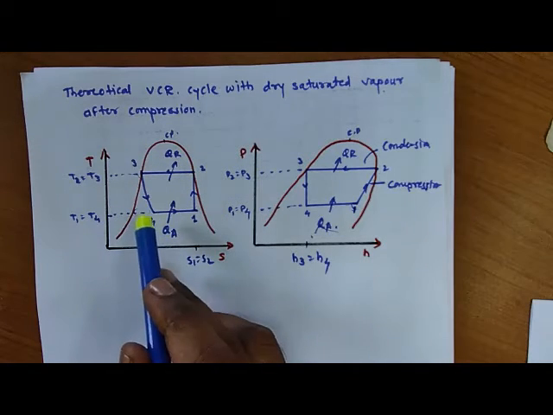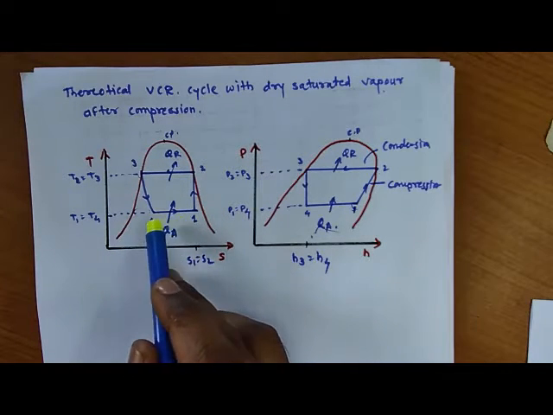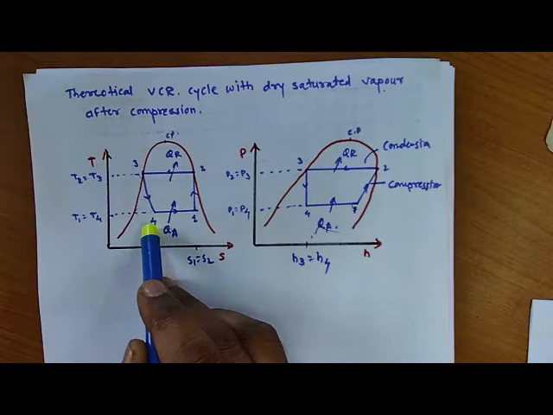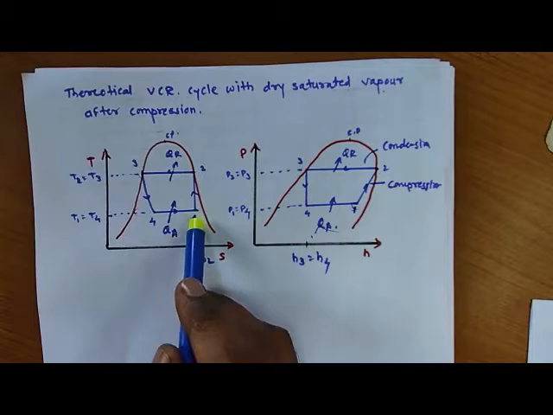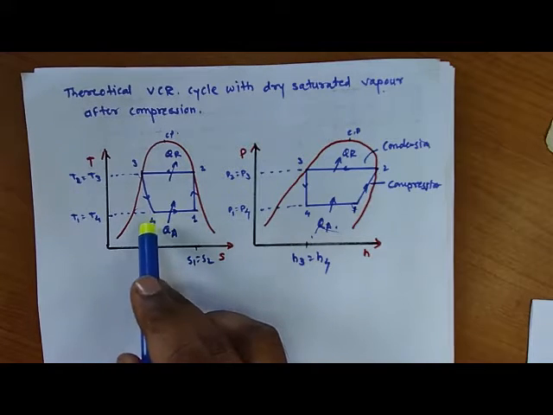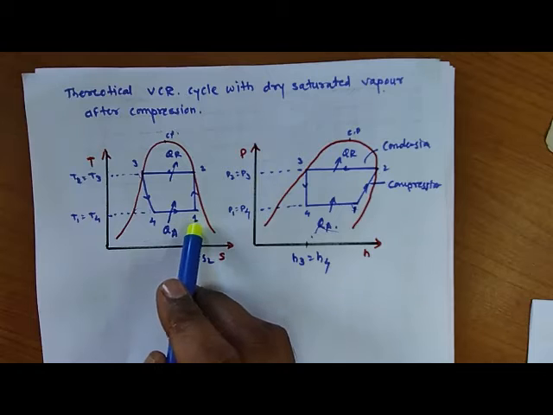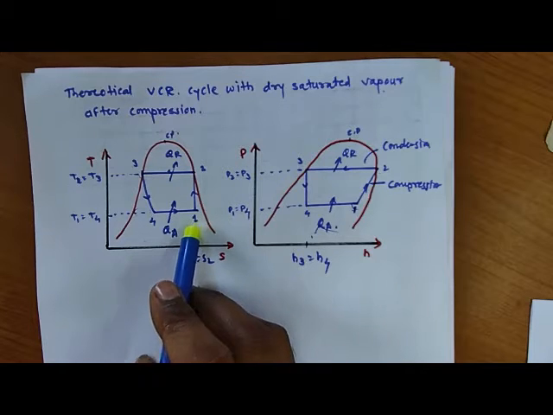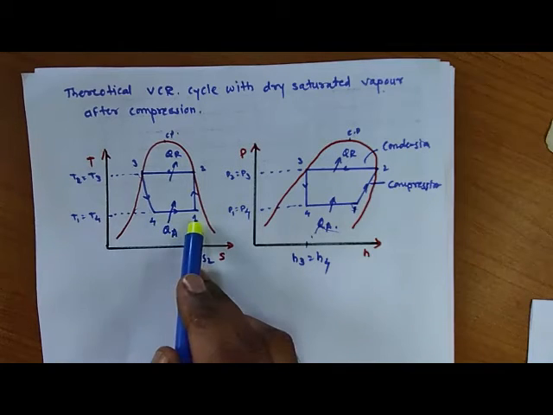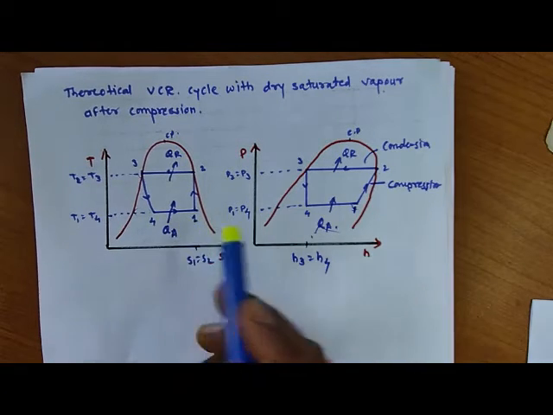So this region is liquid plus vapor mixture. So point number 4 is available with liquid plus vapor mixture, and in 4 to 1, whatever liquid is available will be converted into the gas phase after absorbing latent heat of evaporation. So this is the process 4 to 1.